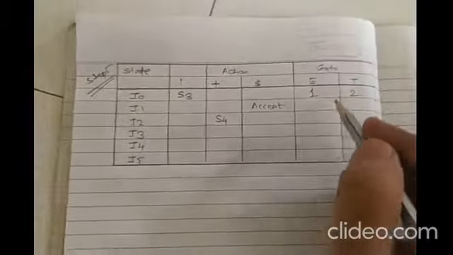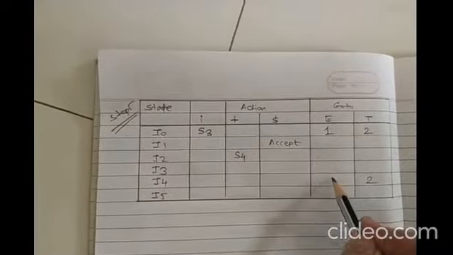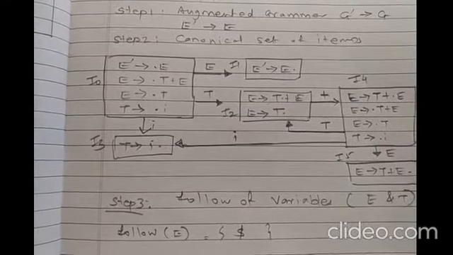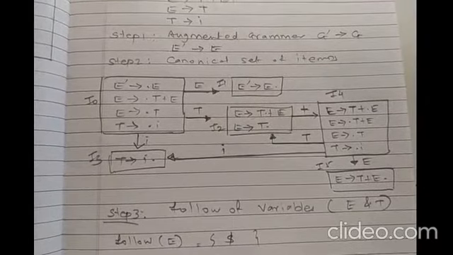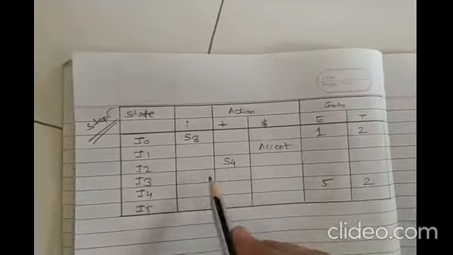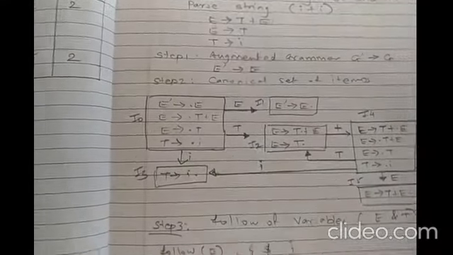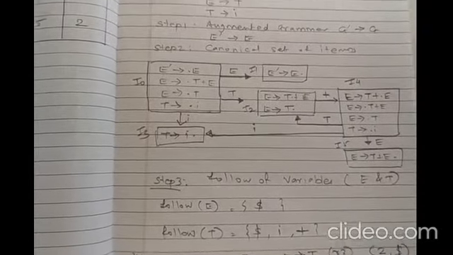So only the state number is written in the go to part. Then I4 on I goes to I3, that is why it is shift 3 operation. So I guess all shift operations are completed. Also the go to part is completed.